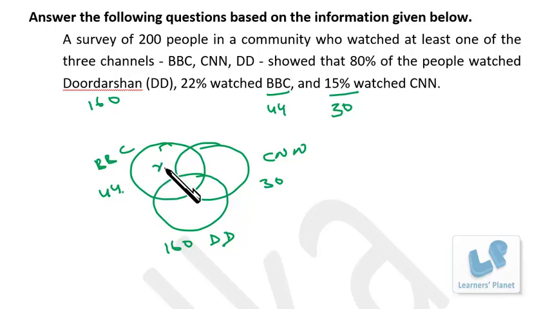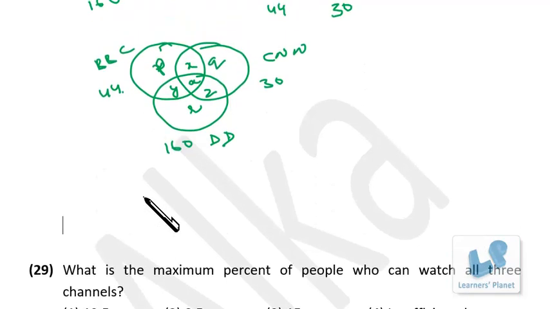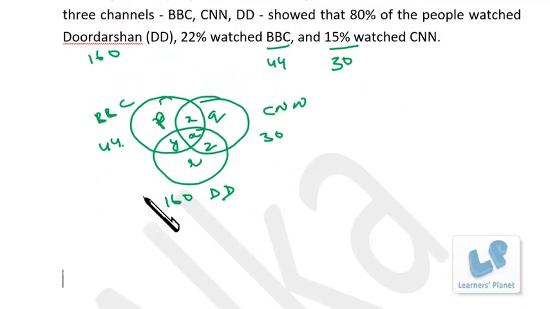We don't know the values, so I just write P, Q, R, X, Y, Z and A. Now we go to the question. What is the maximum percentage of people who can watch all the 3 channels? So that is the maximum value of A we have to find out over here, right?